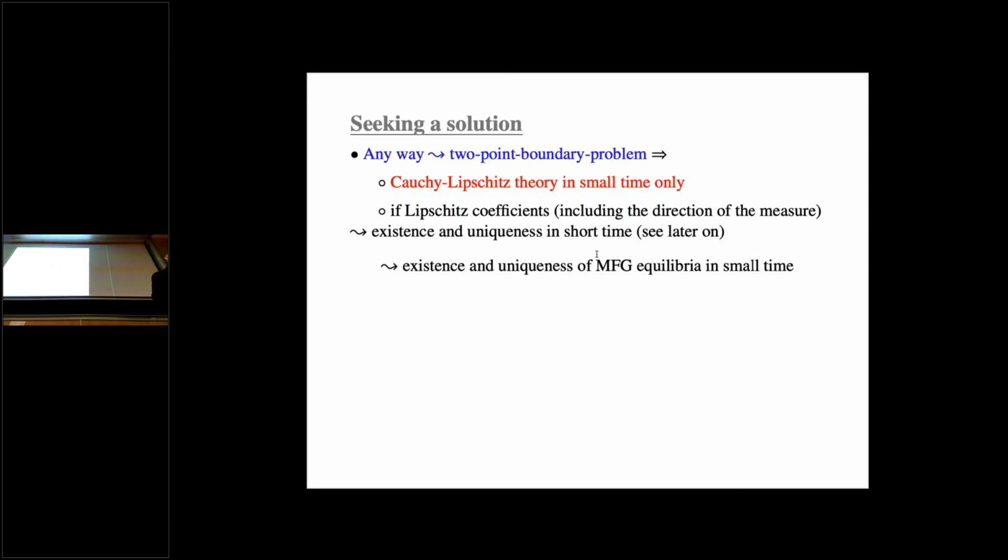If time is small, you can get a contraction. And in fact, if you go to the very first papers in the field, not the paper by Lasry and Lions, but mostly the papers in engineering, you will find many, many times some conditions on the coefficients. You will see that there are some intricate conditions that require the Lipschitz constant of the coefficients to be small enough.